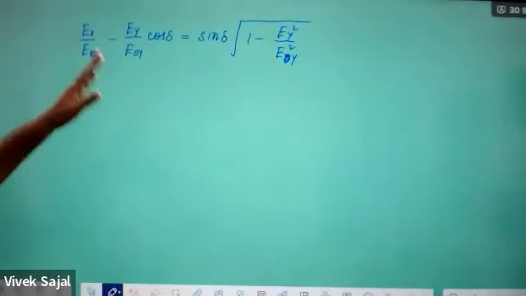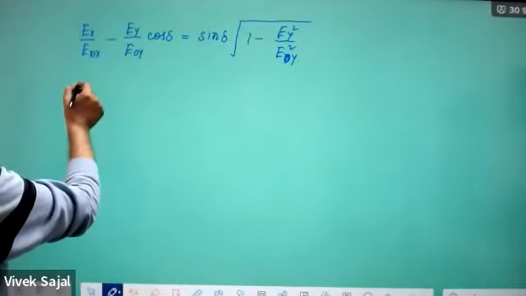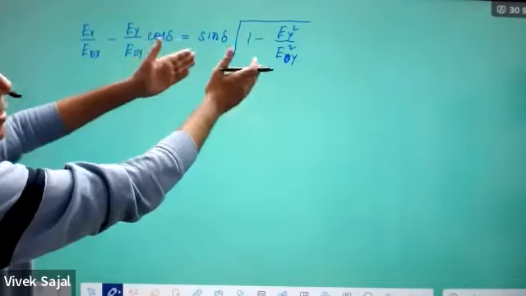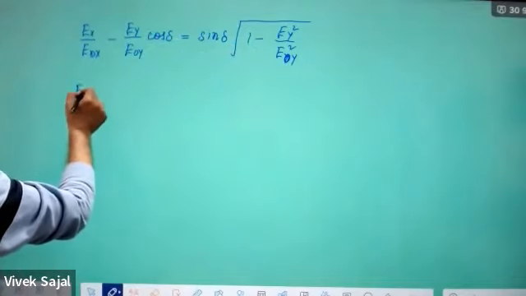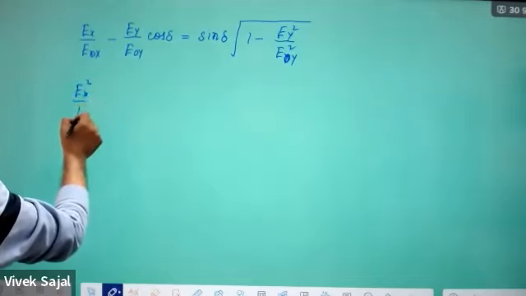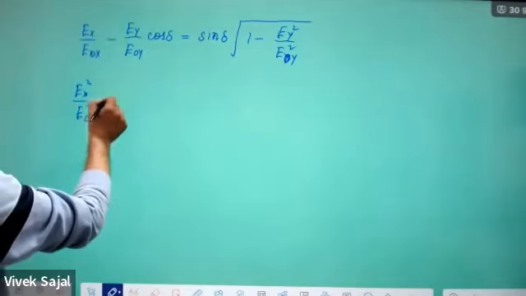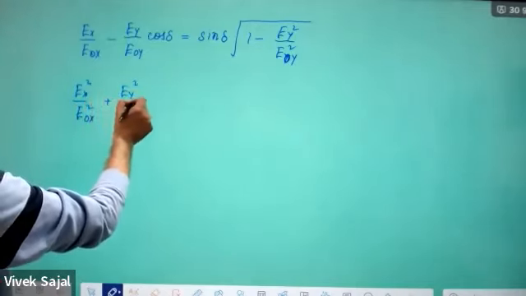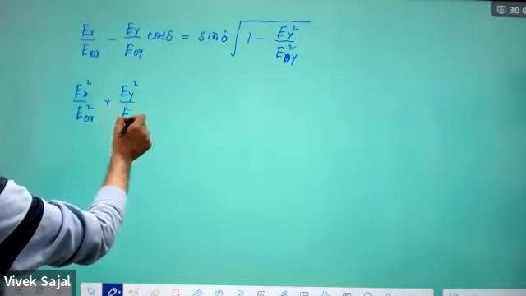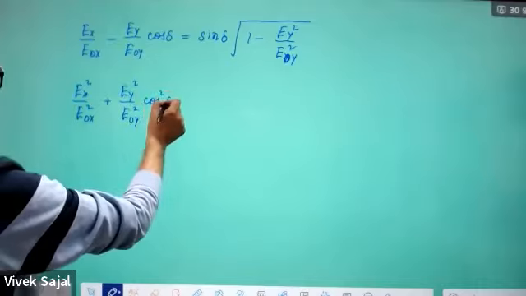Now make the square of both sides. The first term on squaring will be Ex square upon E naught x square, plus Ey square upon E naught y square cos square delta.